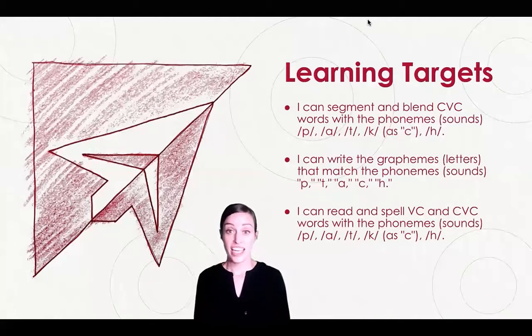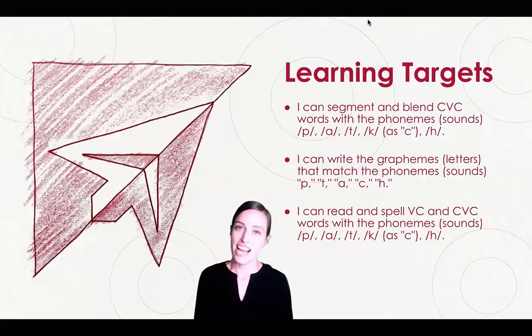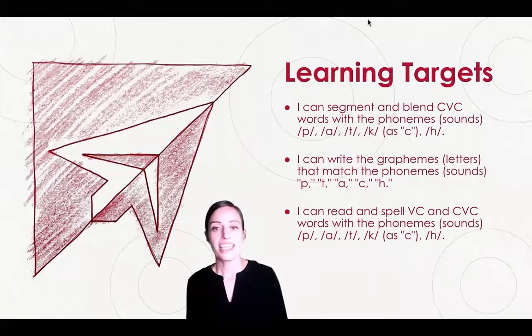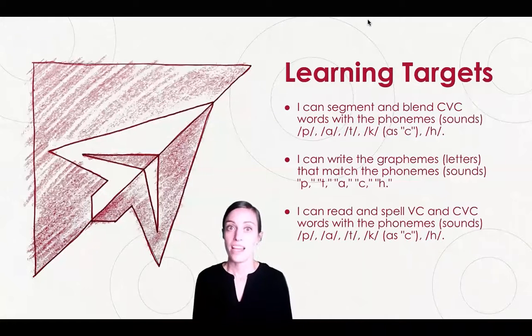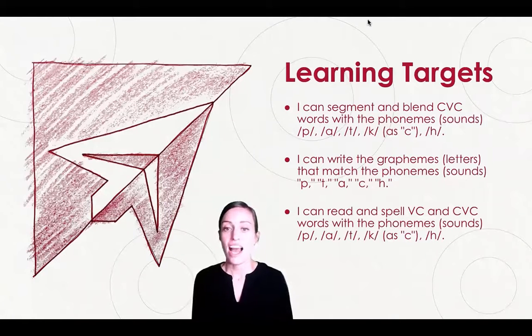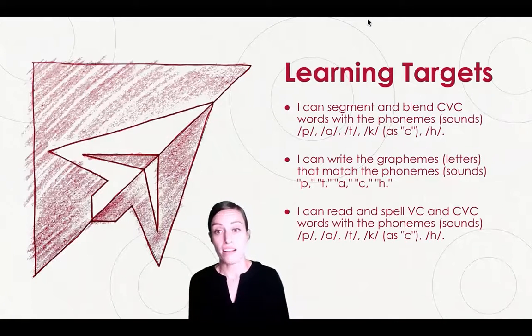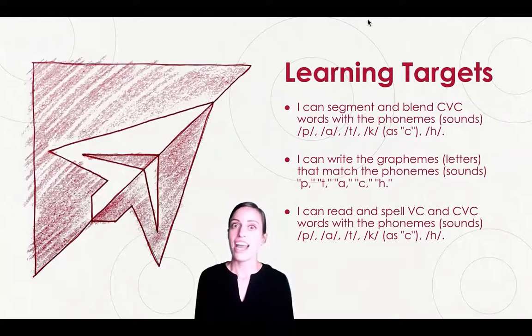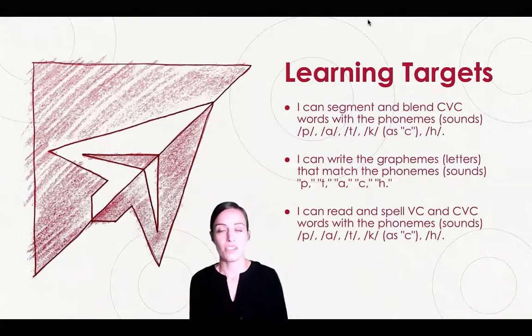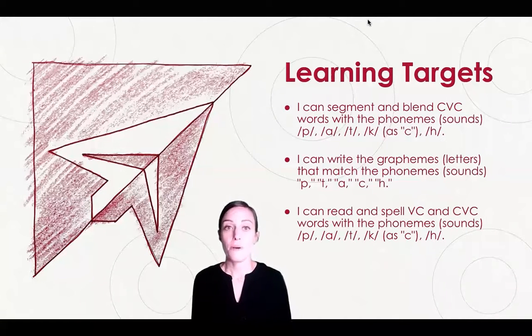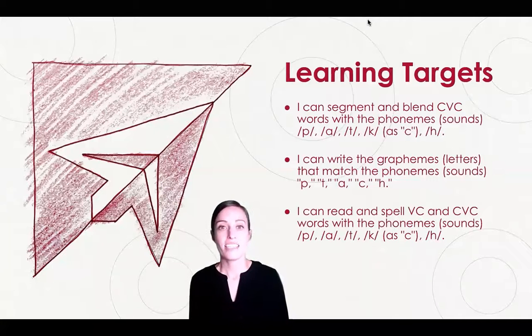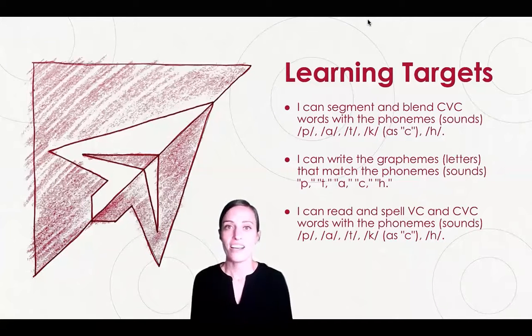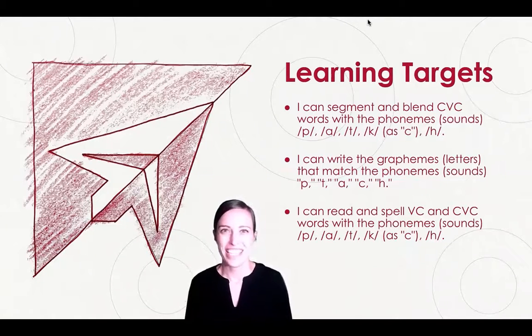Our second learning target is I can write the letters that match the sounds P, T, A, C, and H. And finally, our third learning target for today is I can read and spell vowel consonant and consonant vowel consonant words with the sounds p, a, t, and h. Let's get started.